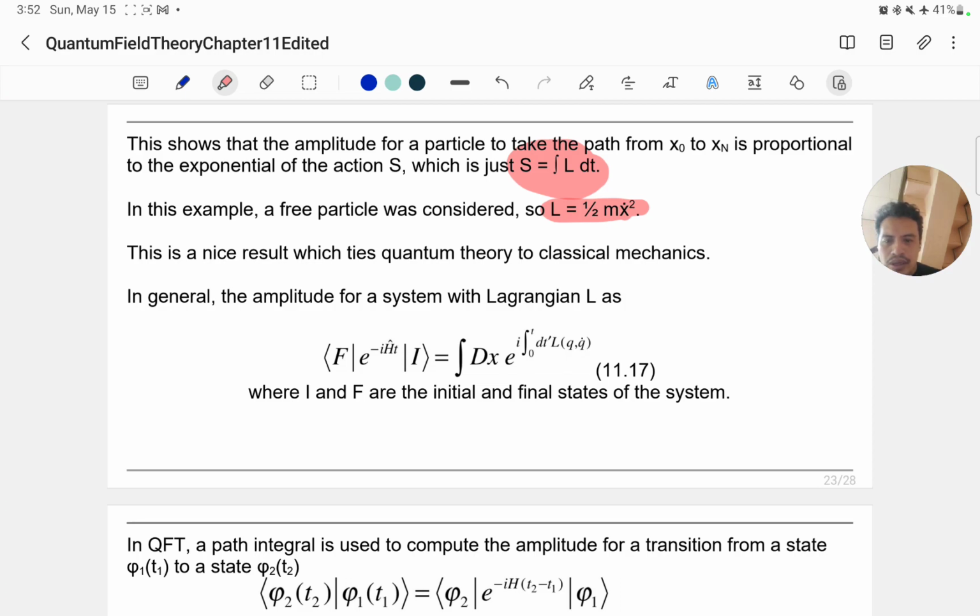But anyway, if you want to get the amplitude for a system with Lagrangian L, that means, of course, kinetic minus potential energy of the system, you just have to use this expression, and you will be given examples in the next part of the lecture. I mean, in the next meeting, examples will be given by all of you.